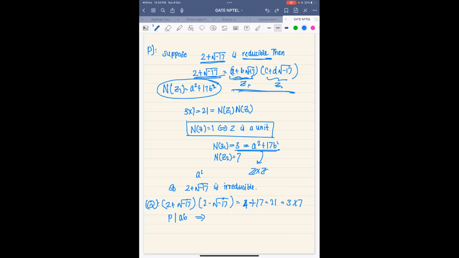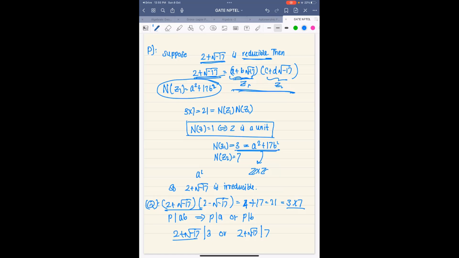That P is prime if P divides AB, then P either divides A or P divides B. So we have to check whether 2 plus square root of minus 17 divides 3 times 7. So it either divides 3 or 2 plus square root of minus 17 divides 7. But is it true that this happens?